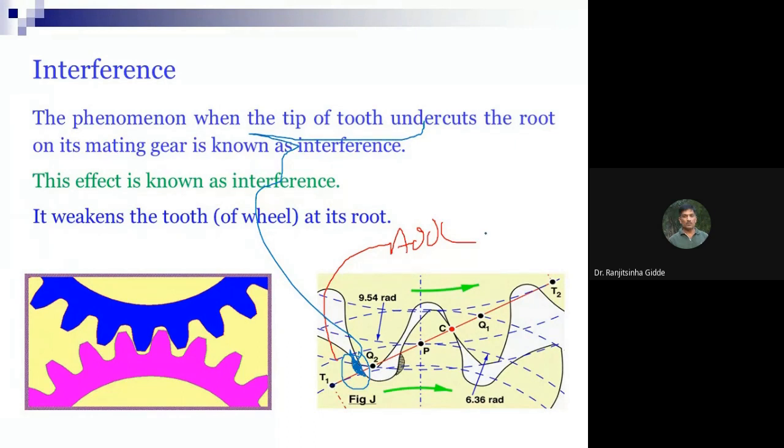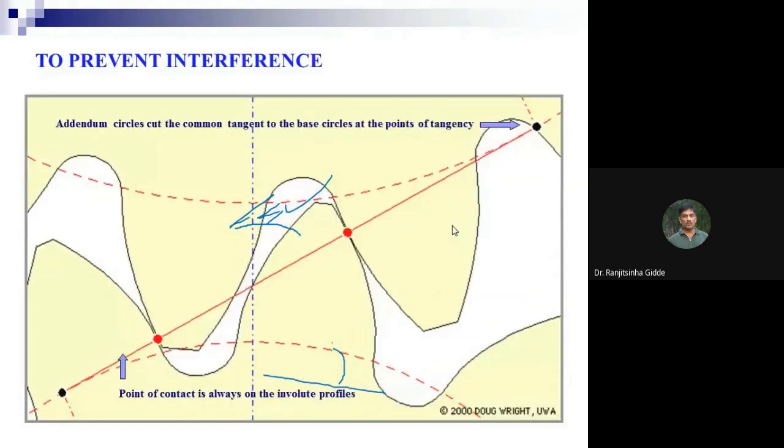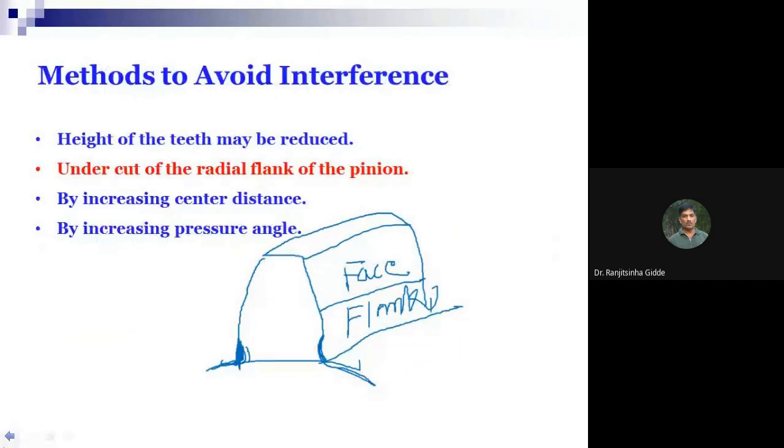So undercut is due to the interference, and before interference you need to manufacture the gear teeth such a way that inbuilt undercut we are going to provide to the gear. That will avoid the interference. Okay.